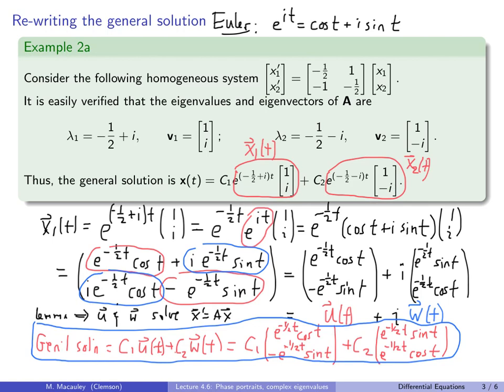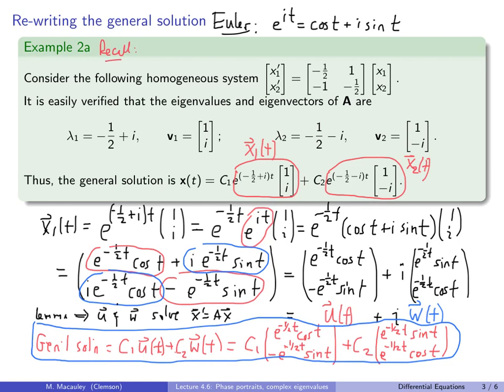Now let me mention that you've actually seen something like this before. So let's recall the one-dimensional case, or when I say one-dimensional, I mean when we don't have a system, when we just have a single ODE. So let me put this up here.